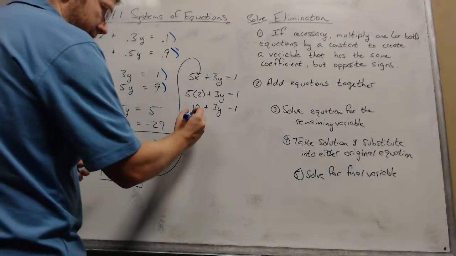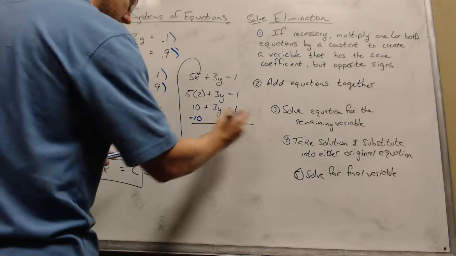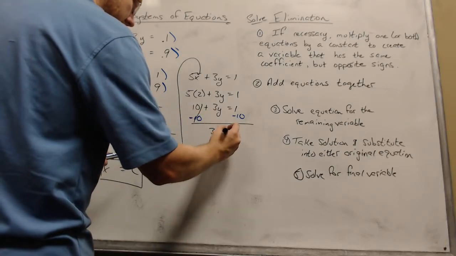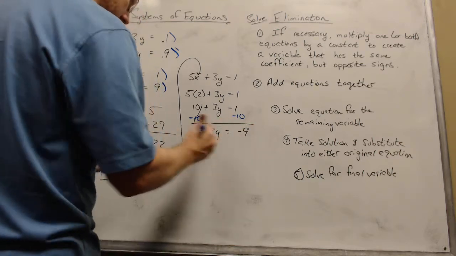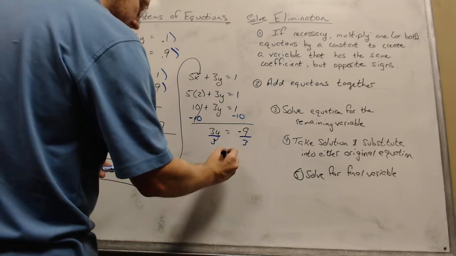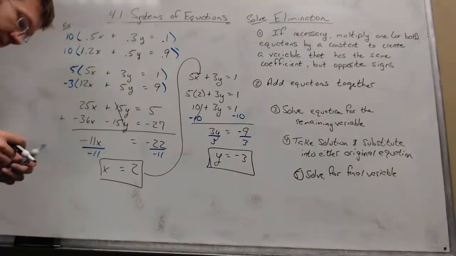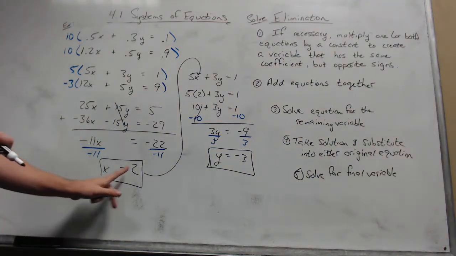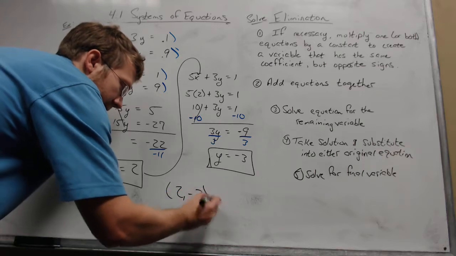Solve for y now, add a negative 10 to both sides. 3y is equal to negative 9, and divide by 3. Right, so we have a solution, x is 2, y is negative 3. Remember, we should write that as an ordered pair, 2, negative 3.